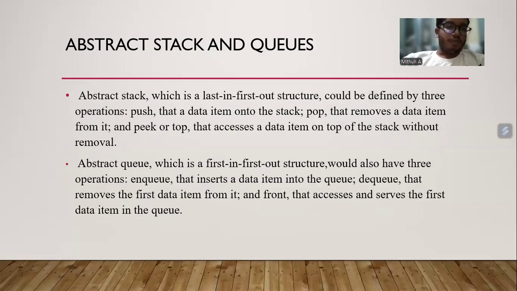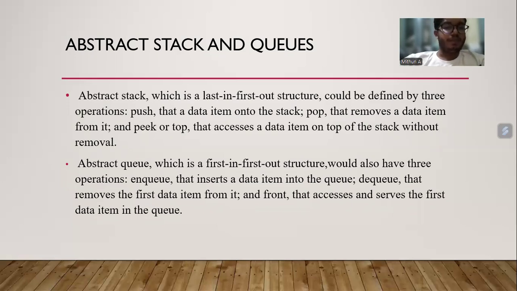So now we'll talk about abstract stack and queues. We will differentiate between abstract stack and queues here. The abstract stack, which is a LIFO, last in, first out, structure, could be defined by three operations.